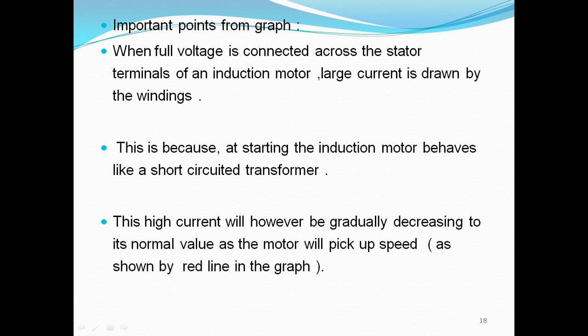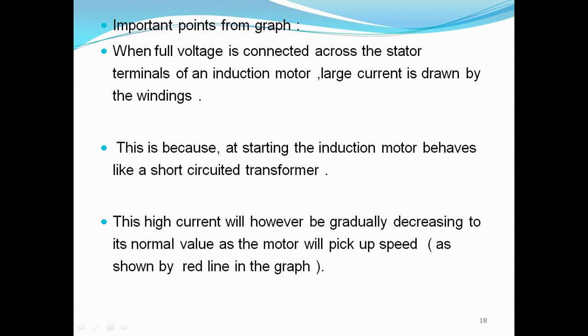So therefore, it is recommended that a large three-phase induction motor be started with reduced applied voltage at the stator terminals.